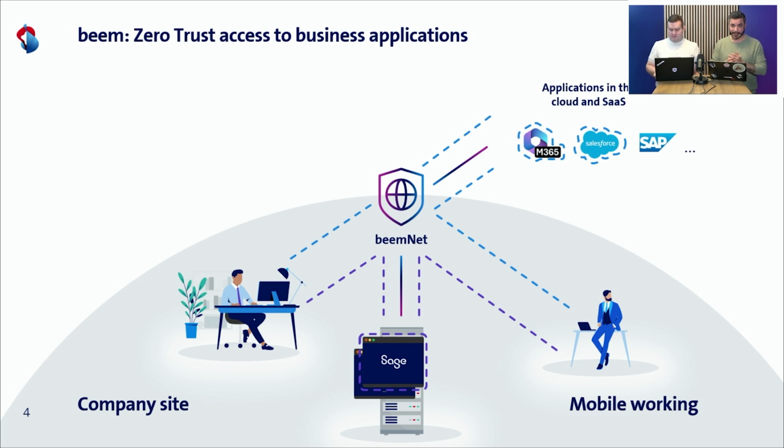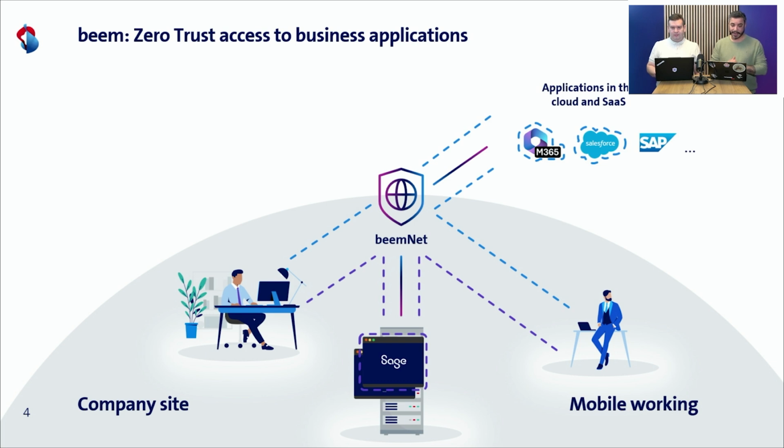It doesn't matter whether from the office or on the go, it runs via BeamNet, upstream phishing-resistant authentication in BeamNet, that means the passkey authentication. All local on-premise applications as well as all cloud and SaaS applications are connected to the BeamNet, as you can see on that slide here.